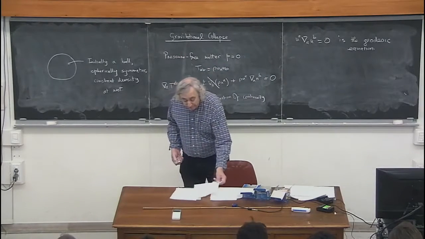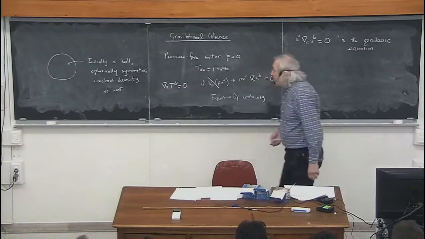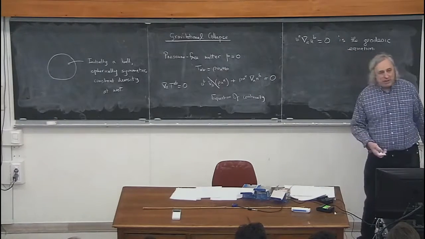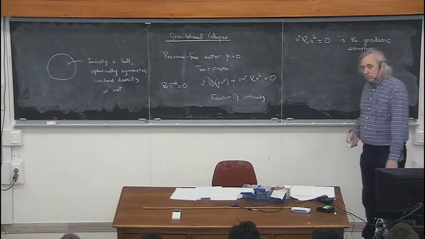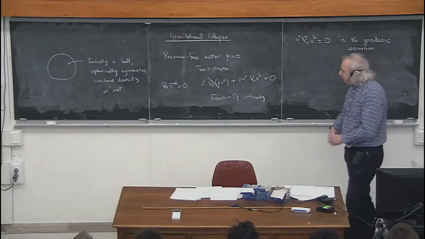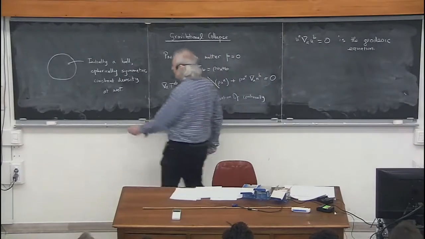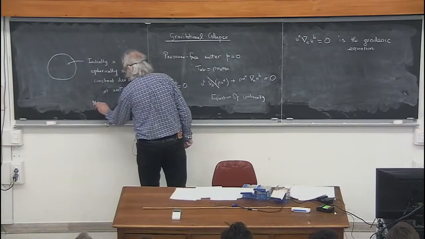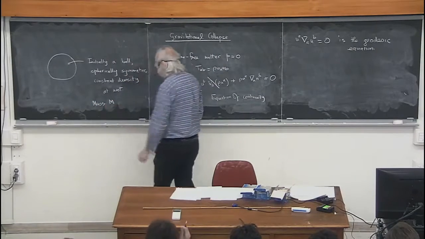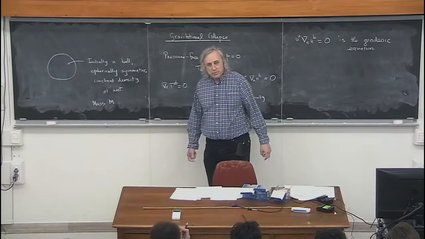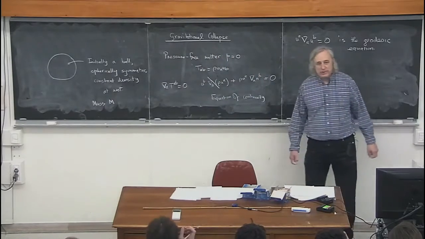The problem is very similar to the problem we had before. There will be some metric outside this ball. Let's suppose that the ball has got mass m. What is the metric? Well, the answer is a Schwarzschild metric as a consequence of Birkhoff's theorem.